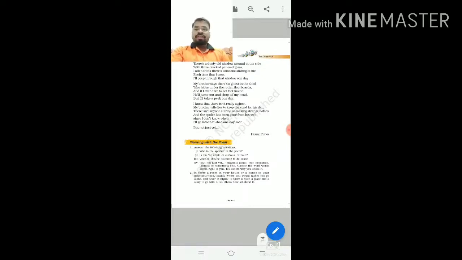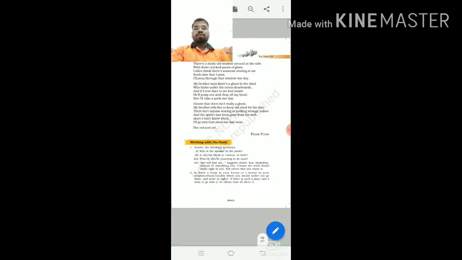I often think there is someone staring at me each time that I pass. So the poet was believing that someone is staring from inside the shed, from the cracks of the window, or maybe the cracks of the door. Someone is staring at him, the poet thinks, when he passes the shed.